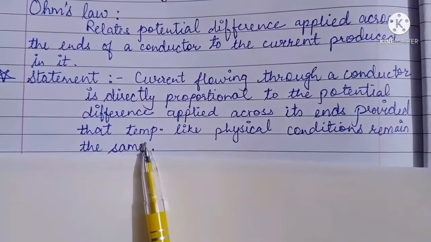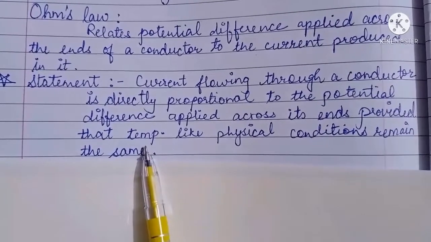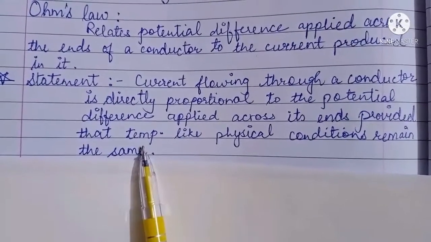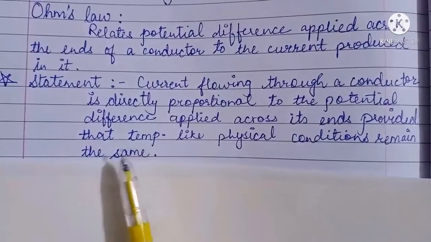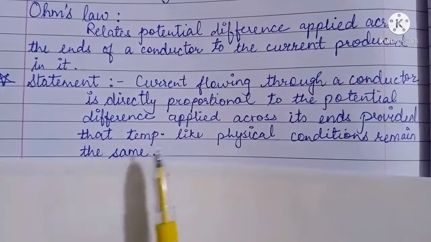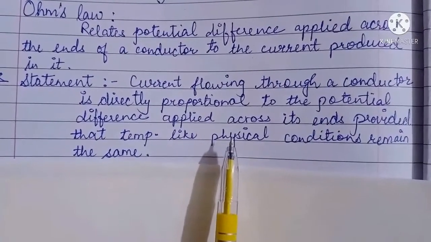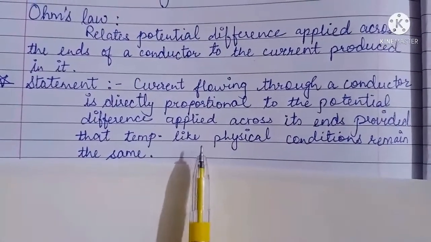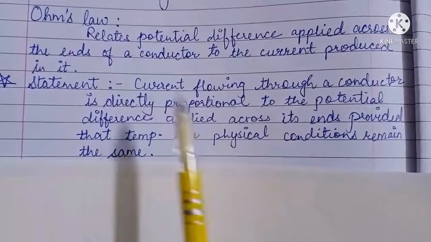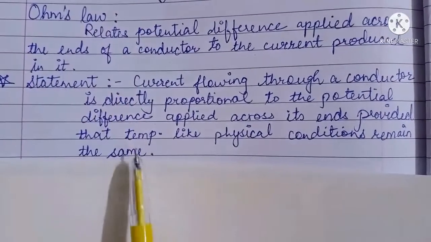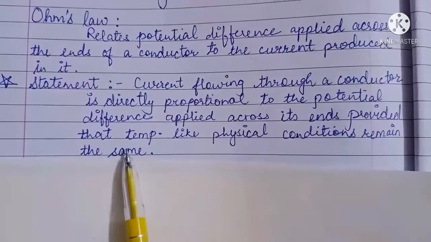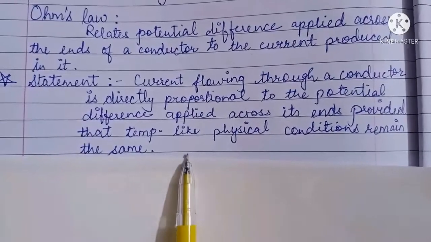Temperature conditions, because we have already studied in previous classes that when some current is allowed to pass through a conductor, it heats it up. About the heating effects and magnetic effects, you studied that in class 7th. So here, when we talk about Ohm's law, it is a prerequisite that temperature conditions remain the same.